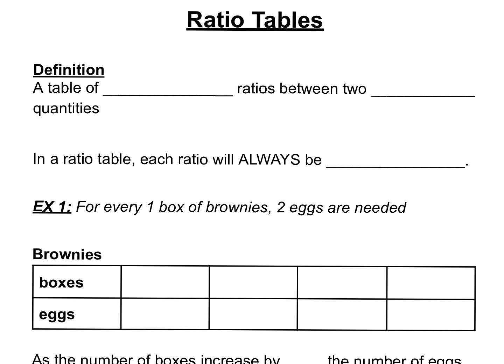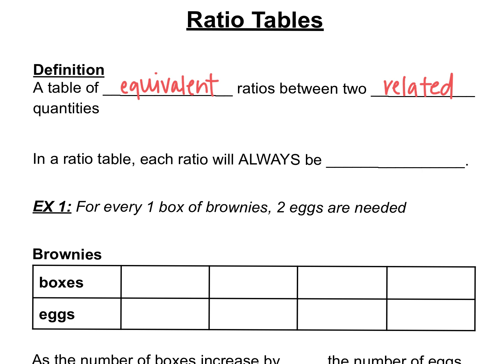So the definition that we're going to start with is a table of equivalent ratios between two related quantities.